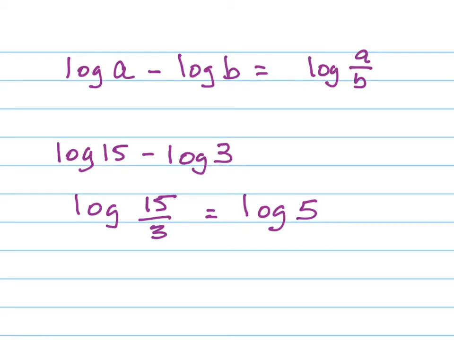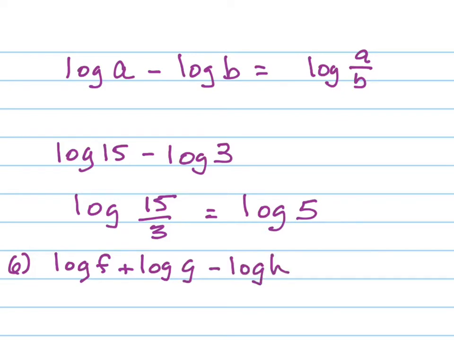Okay? And again, you can have more than one operation where you have to do multiplication and then division. So look at something like number 6 with the log of f plus log of g minus log of h.